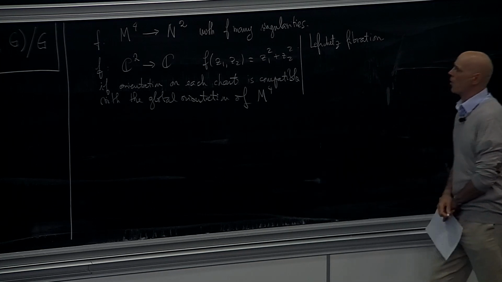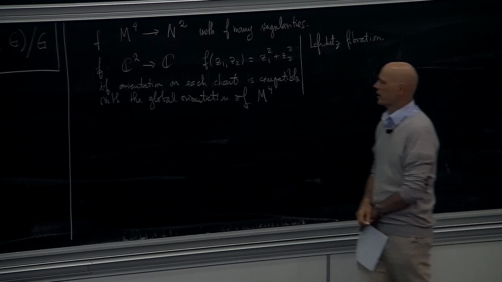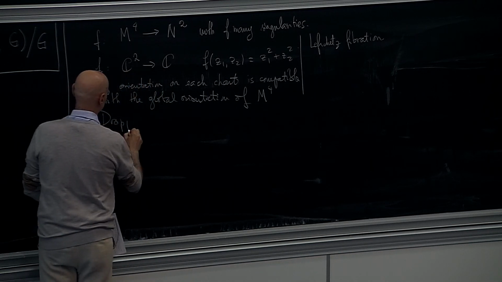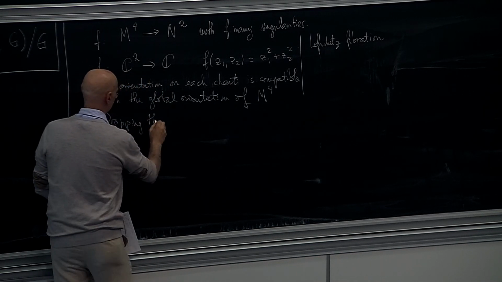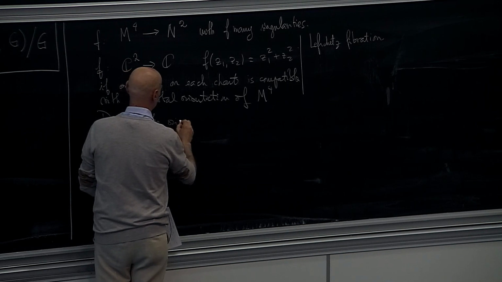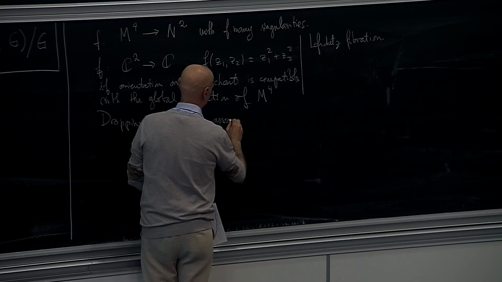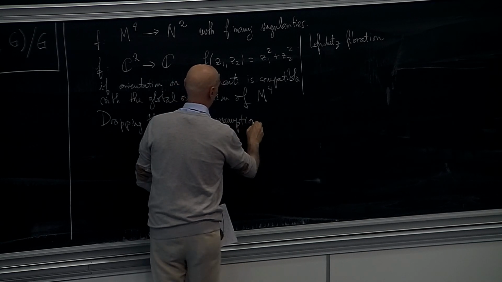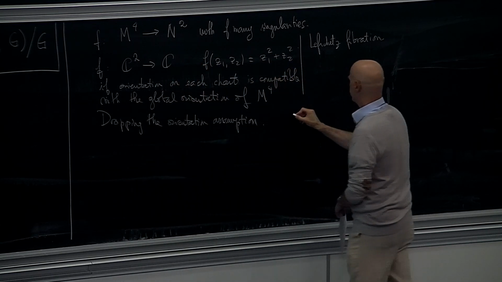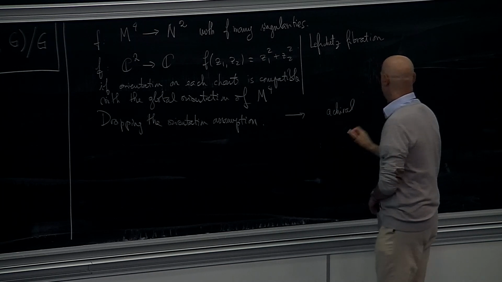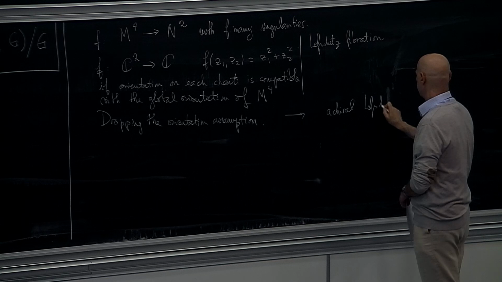in dimension 4. But there is another case where dropping the orientation assumption leads us to slightly more general objects called achiral Lefschetz fibrations.